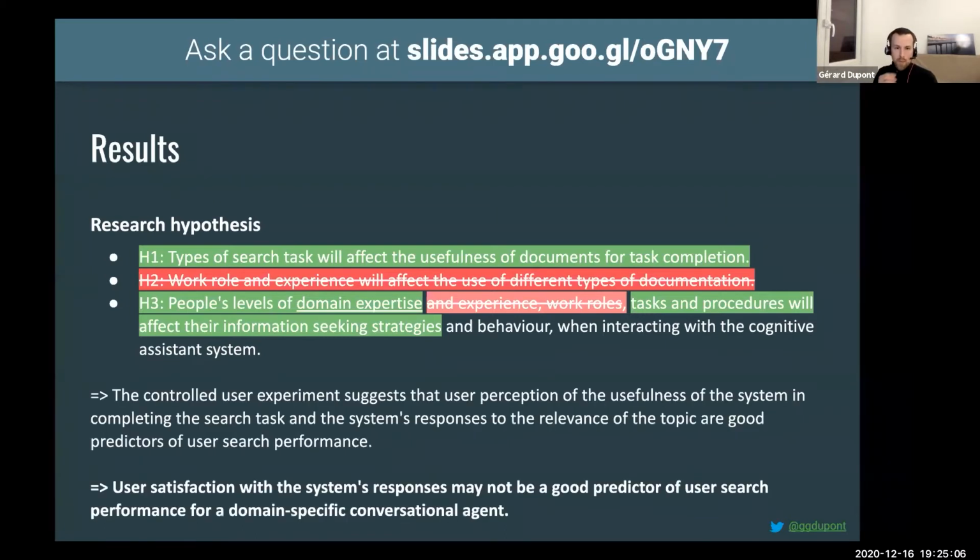So in the end, what we kept from this long study is that the perception that users have of the system is actually quite a good indicator of the search performance. When the user has a good feeling about the usefulness of the system, and when they feel that the system responses are very relevant, these are very good predictors of the search performance.